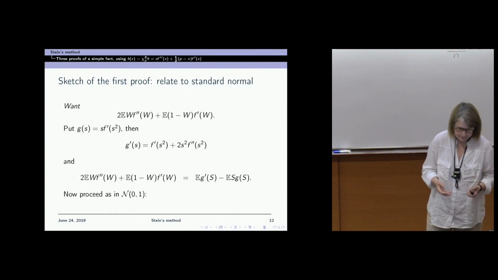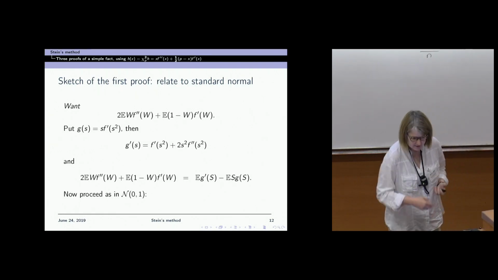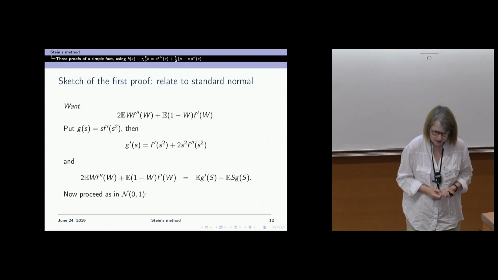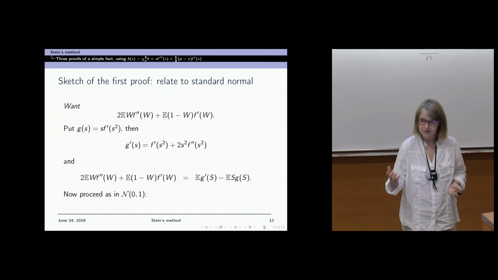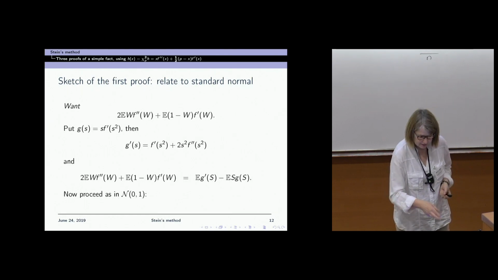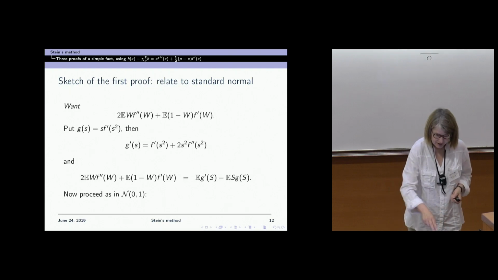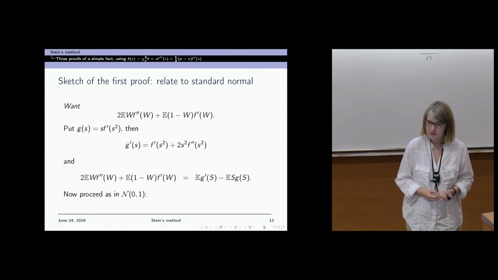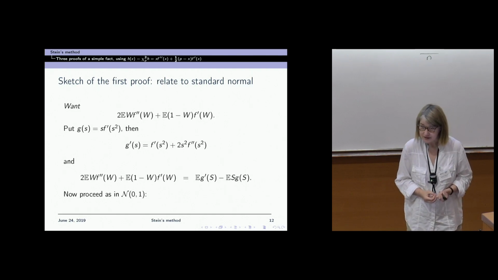Then g prime of s is f prime of s squared plus a half s squared f double prime of s squared. So if I take s squared as w, then I can rewrite the chi-square equation as expectation g prime of s minus expectation s g of s.